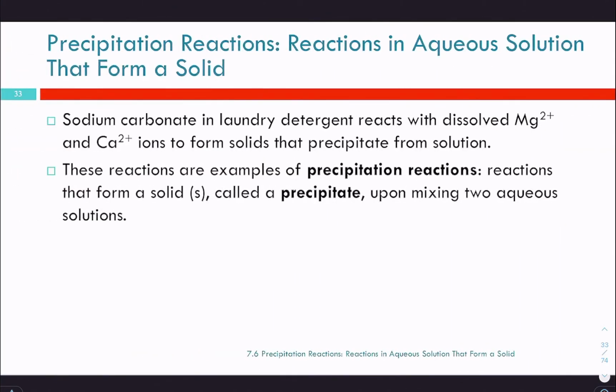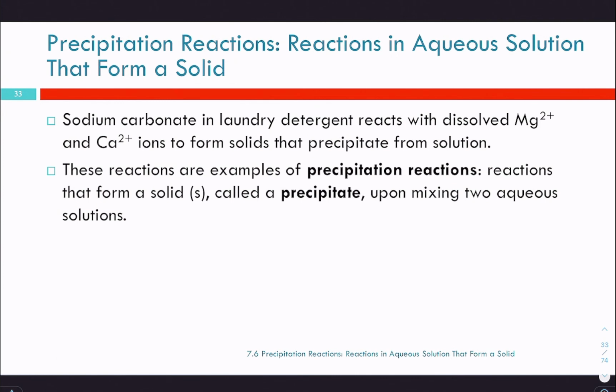So the solubility rules are important because it's how you determine if you have a precipitation reaction just based on the chemical reaction. For example, we talked about how laundry detergents have sodium carbonate to create these insoluble compounds to remove the ions magnesium and calcium from the solution. So these reactions are examples of precipitation reactions. We're forming solids.